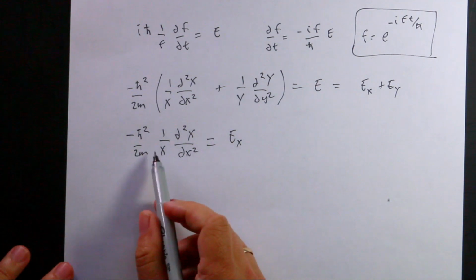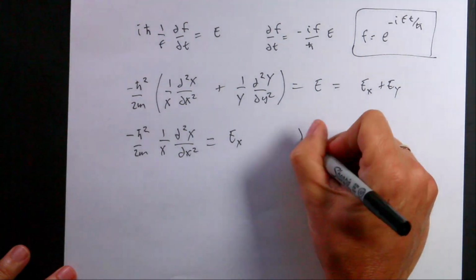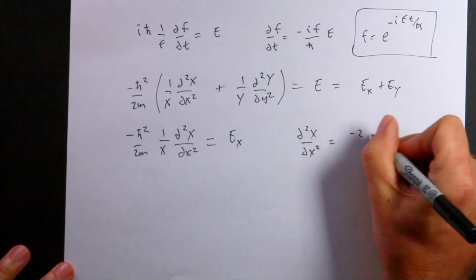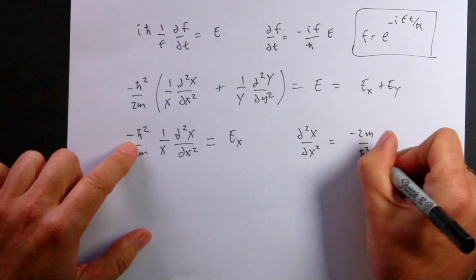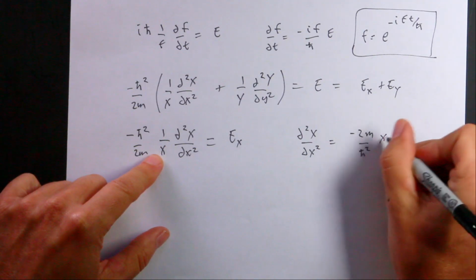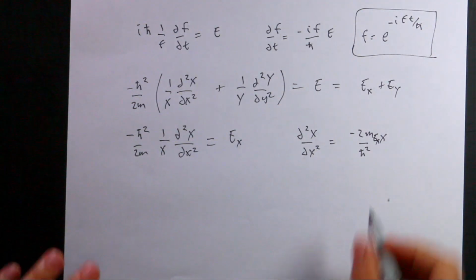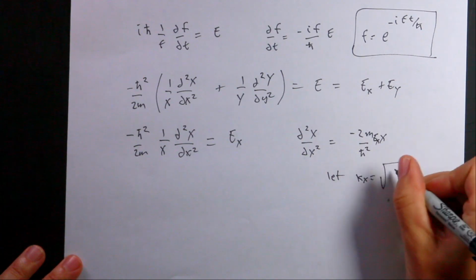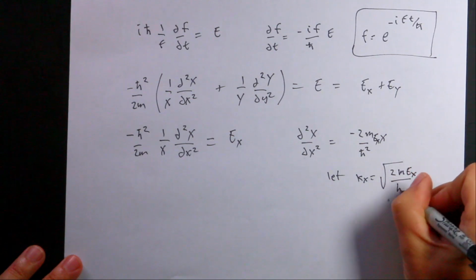So now if I multiply both sides by this stuff to get rid of this stuff, I get the second partial of X with respect to x is going to be equal to negative 2m over h bar squared times Ex times X. And let's let kx equal the square root of 2m Ex over h bar squared.